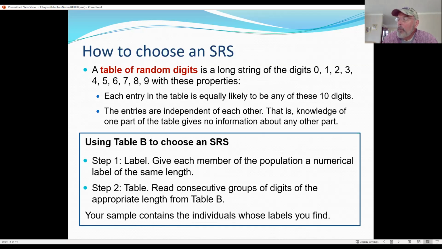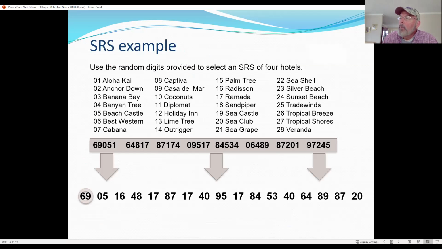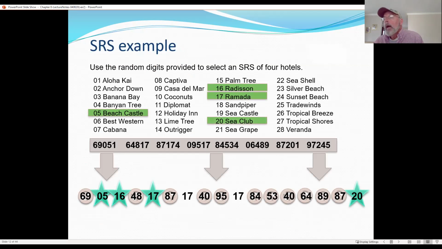And we went through this pretty rigorously. So I'm going to try to go through the next slide quite quickly. So we did this random table and sort of got us going here. And we got our 4 selected hotels by using a random digit table.